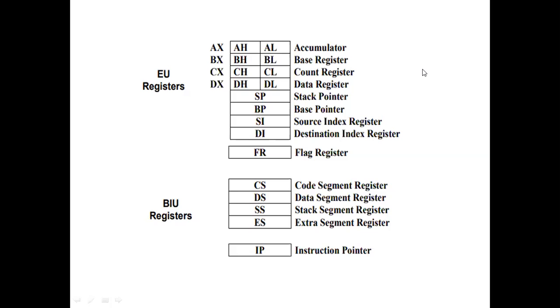That's 2 groups: EU means execution unit register, and BIU, that is bus interface unit register.